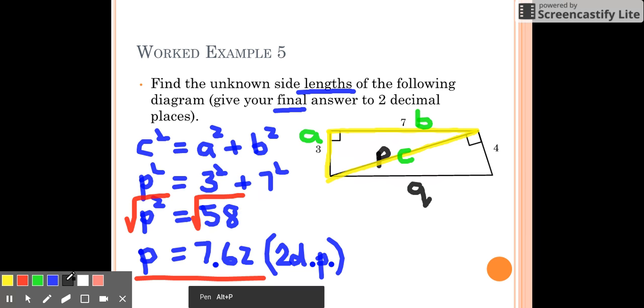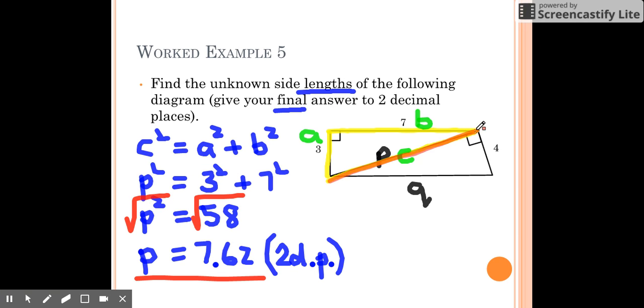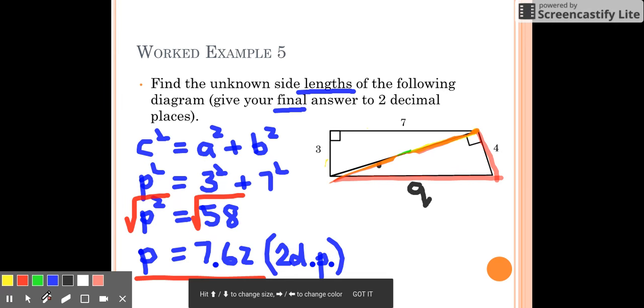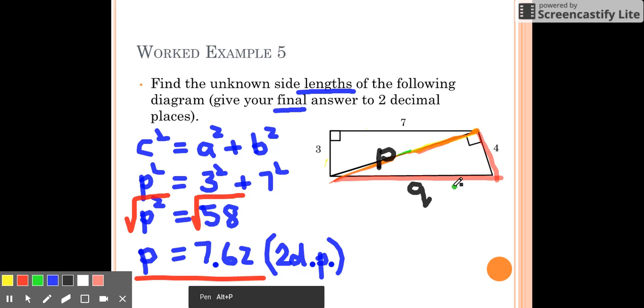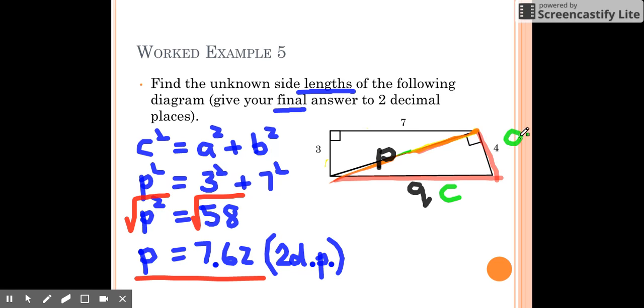Next, we're going to focus on Q. I'll choose this colour. So I'm going to be looking at this triangle. Now, I don't really want to look at the old triangle anymore, so I'm going to rub out some of that so that I don't get myself confused. I'll just quickly replace that P because I rubbed that out by mistake. Now, focusing on that orangey triangle, I would label my sides. My Q is now my hypotenuse, and then my 2 short sides are here and here.